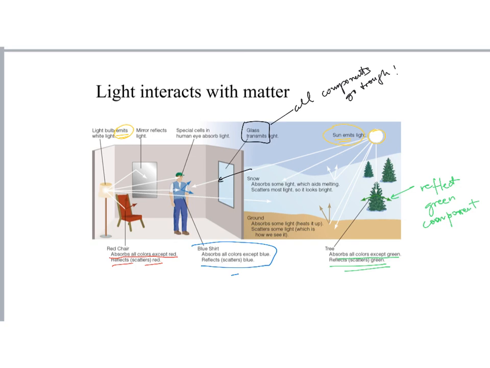And the fourth one, the total reflection, okay, like the mirror here, all components are scattered, reflected. All right, so now you know why you're seeing all kinds of things in your line of sight every day and every minute.